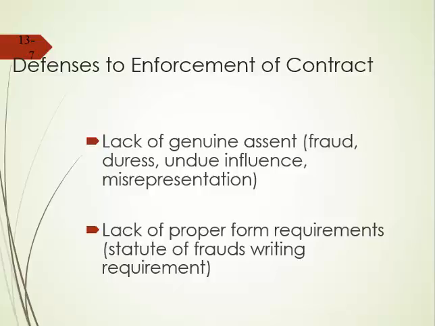So let's go back. Lack of genuine assent: fraud, duress, undue influence, and misrepresentation. So similar to crimes, these attack a mental state and also get you out of enforcement of a contract if you were lied to.